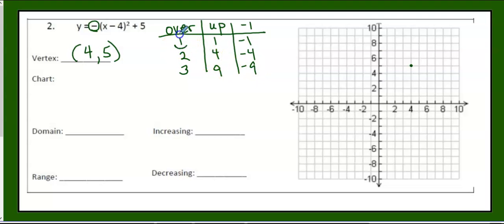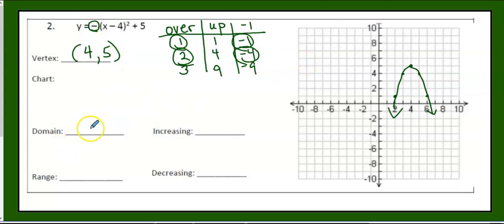So right 1, down 1, left 1, down 1. Over 2, down 4. So back to the vertex, over 2, 1, 2, 3, 4, right there, and then over 2, 1, 2, 3, 4, right there. And then just sketch that as best you can.